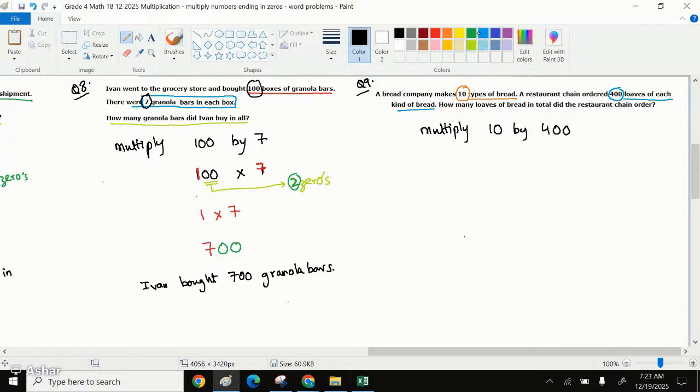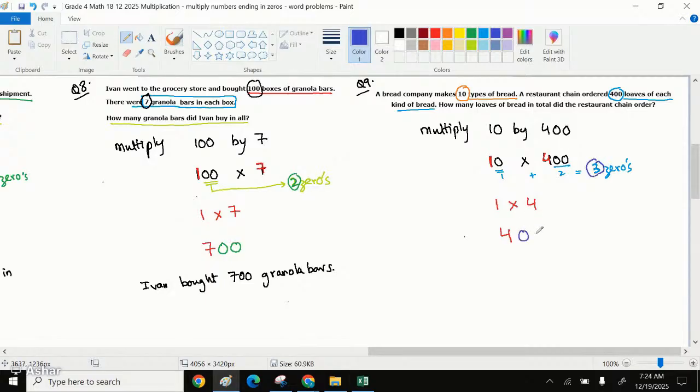So we can also write this as 10 multiplied by 400. Can we count the number of zeros? 1 zero, 2 zeros. The total number of zeros is 3. So can we multiply 1 by 4? 1 multiplied by 4 is equal to 4. And we look at the number of zeros, there were 3.